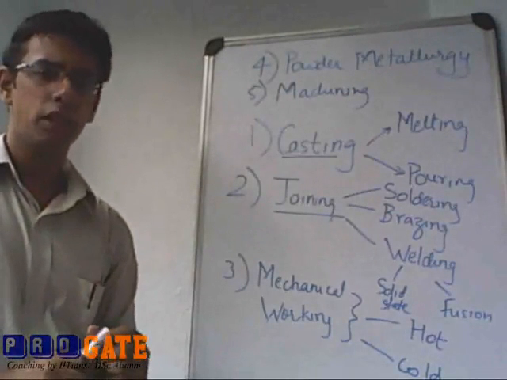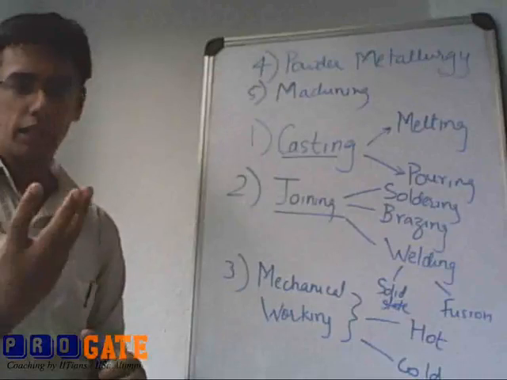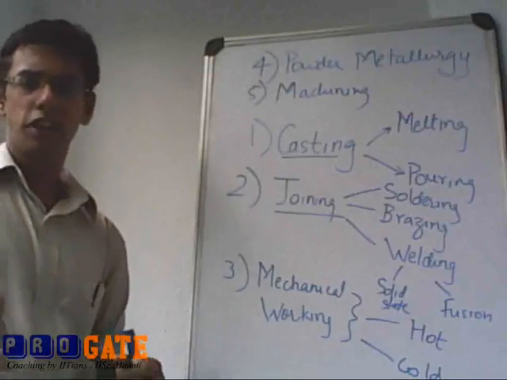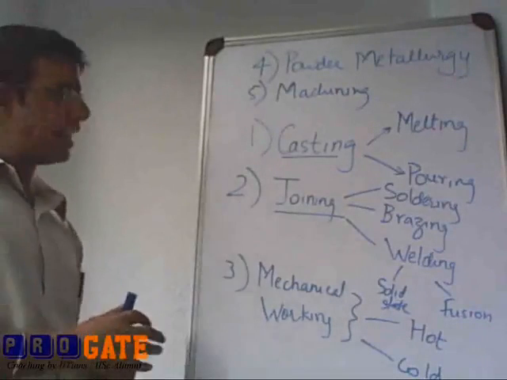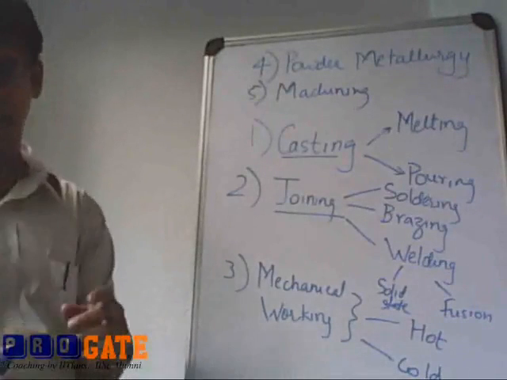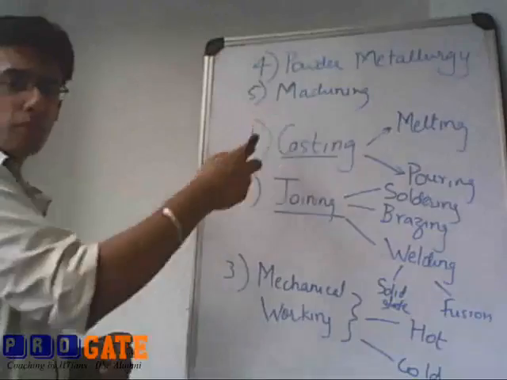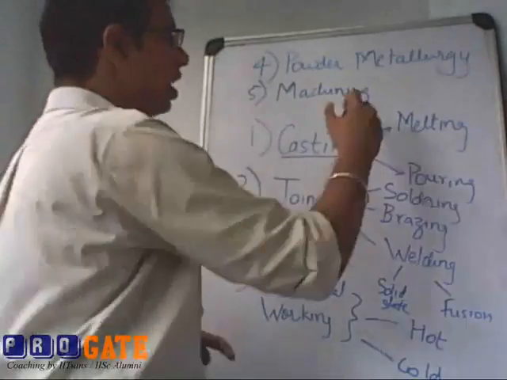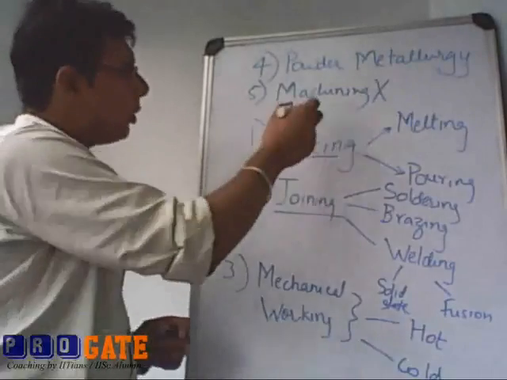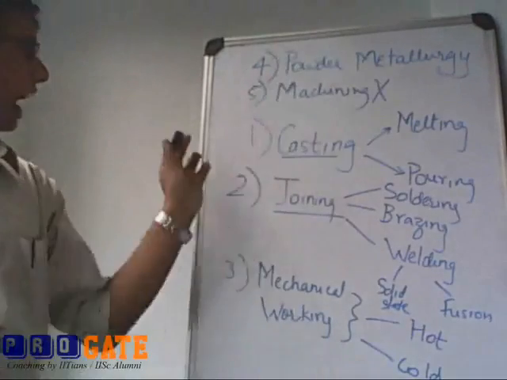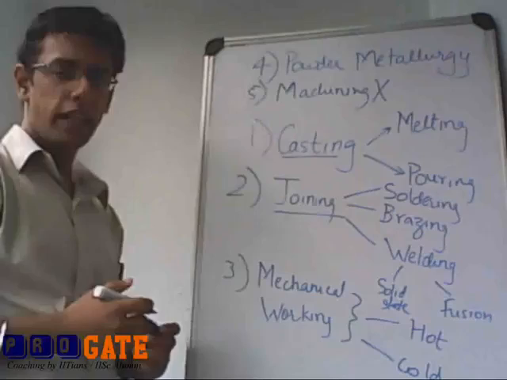For example, you can have a cast piece which has a very rough surface, and you want to get rid of the rough surface, so you say, hey, let's put it in a machine and chop off the surfaces. That, my dear friends, is called machining. While we shall not deal with machining in great detail individually, we will touch upon machining as part and parcel of these other four techniques.